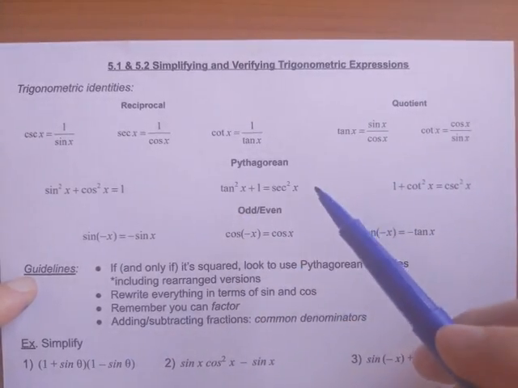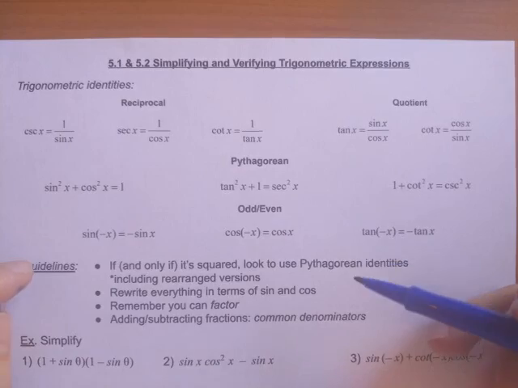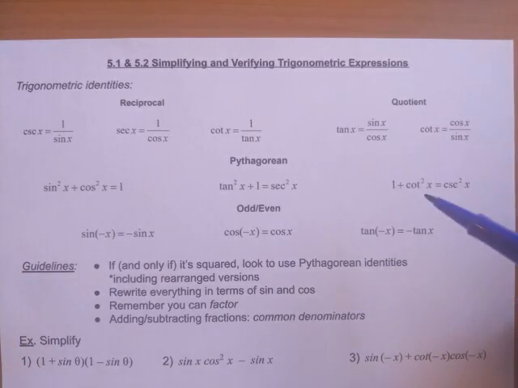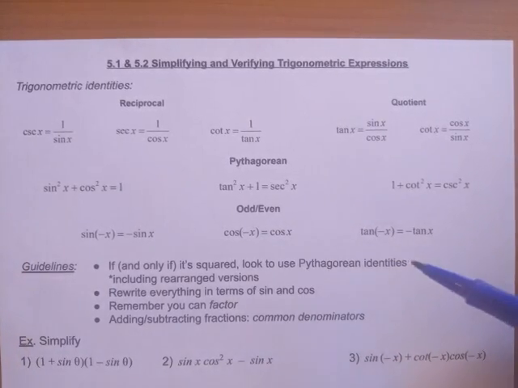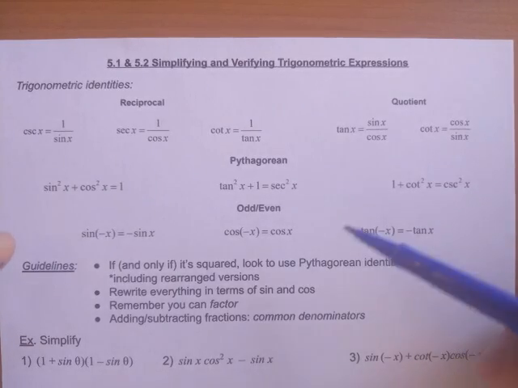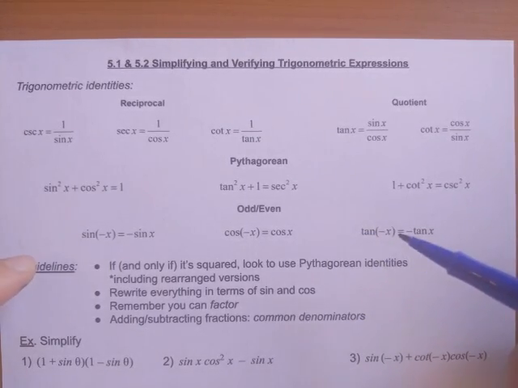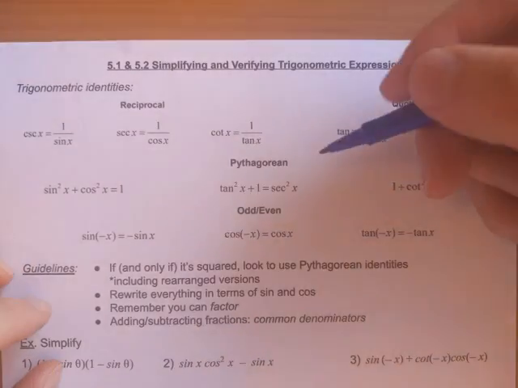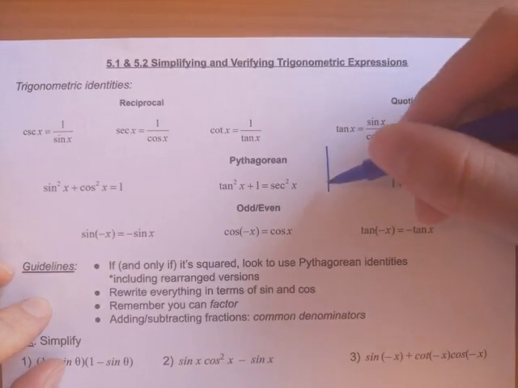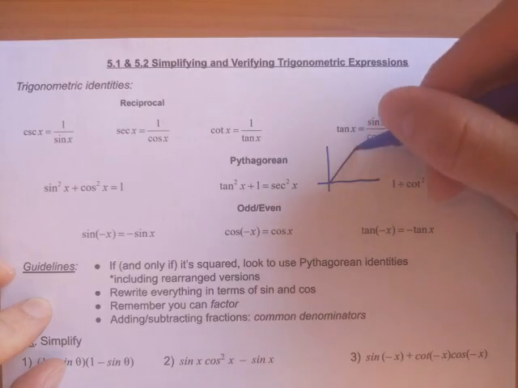The Pythagorean identities come from the Pythagorean theorem, as you probably guessed. You can either draw a triangle and look at the Pythagorean theorem and rewrite the values as ratios, do a little bit of algebra to make that work, or just look at how we define things on the unit circle.